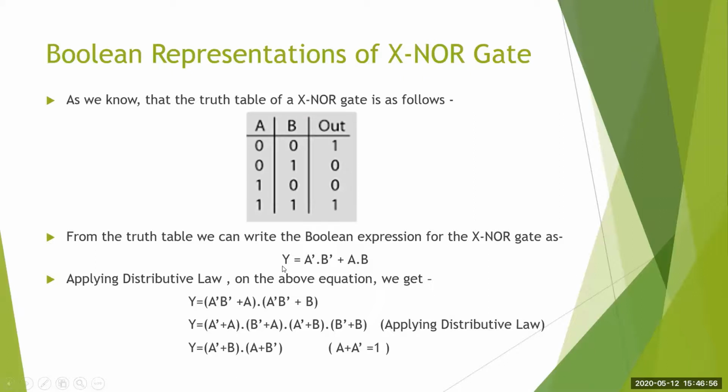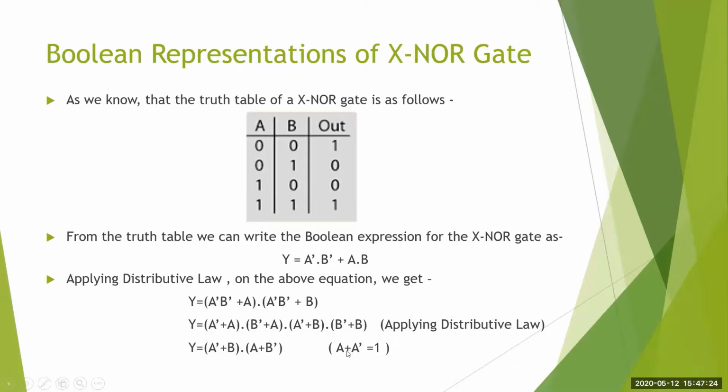Applying the distributive law on this equation, we can get y equals a complement dot b complement plus a dot b, which becomes a complement dot b complement plus a, dot, a complement dot b complement plus b. Now if we apply the distributive law on both these terms, we can get a complement plus a, dot, b complement plus a, dot, a complement plus b, dot, b complement plus b.